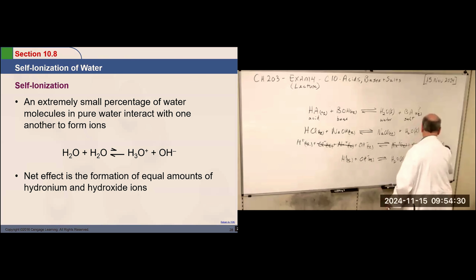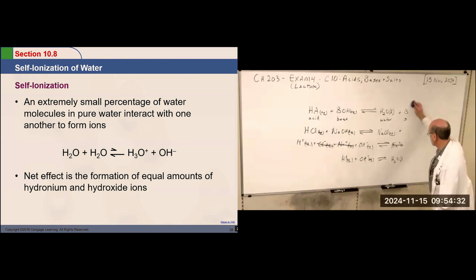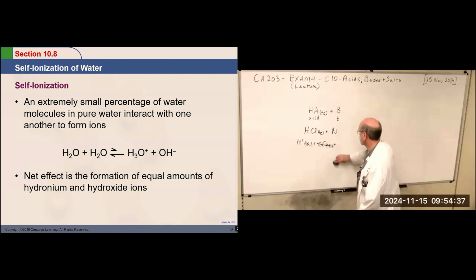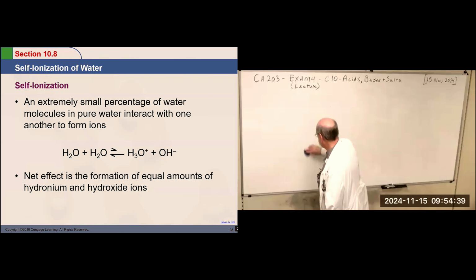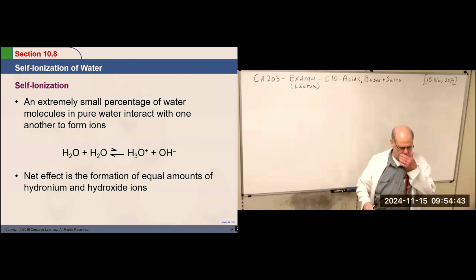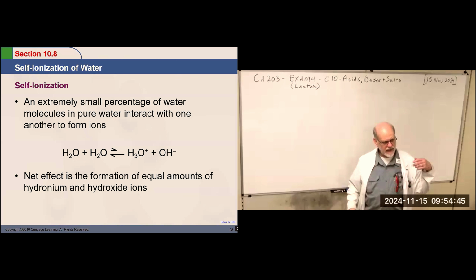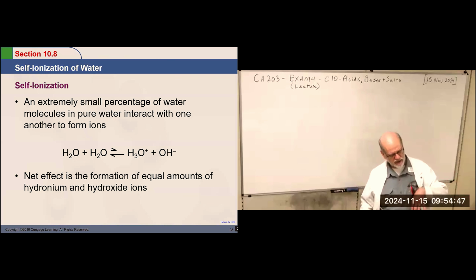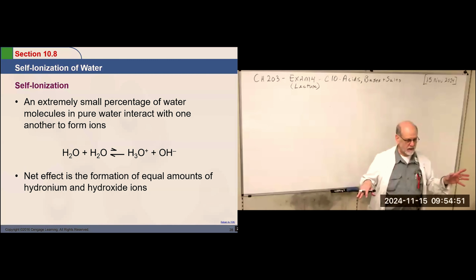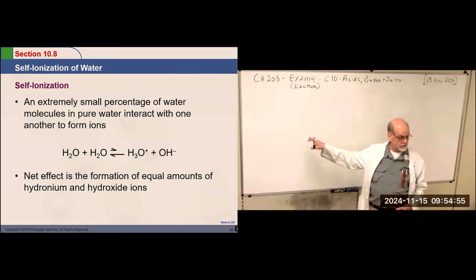So let me erase this to make room. We mentioned the amphoteric nature of water in terms of water being able to serve as an acid or a base. But if you have pure water, water molecules are still going to react with one another, just like I showed you with ammonia.